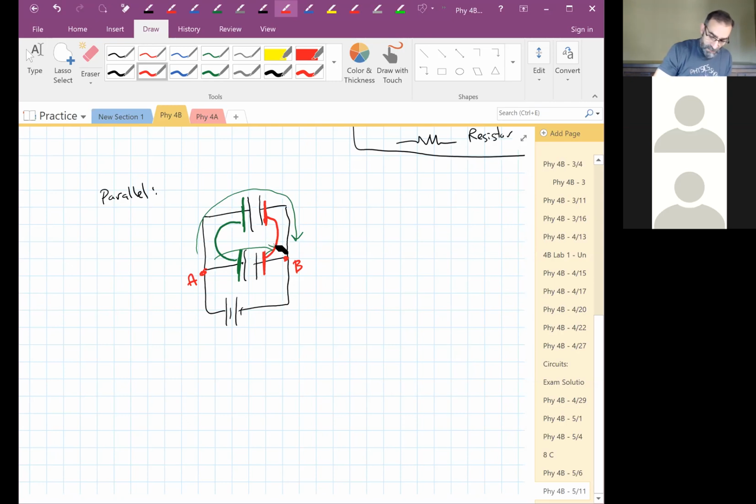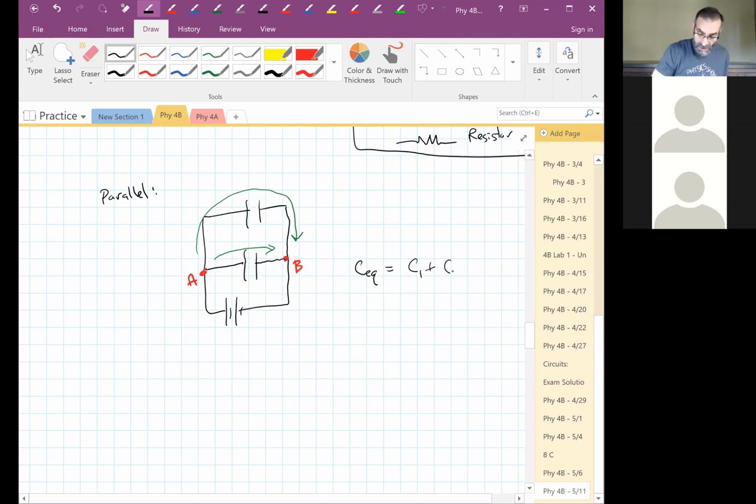So as far as capacitance is concerned, we can treat them like one big plate. So C equivalent for this circuit is C1 plus C2. And if I had more, I would just add them up.